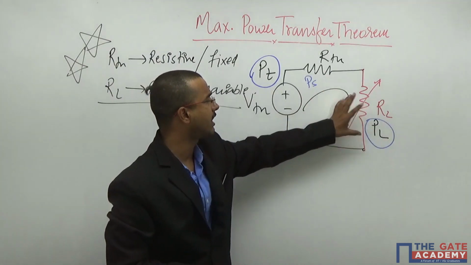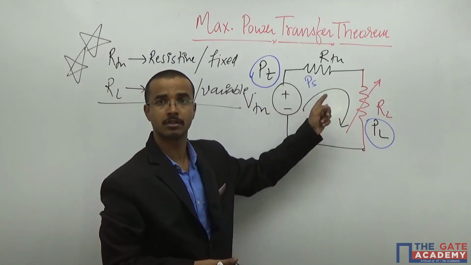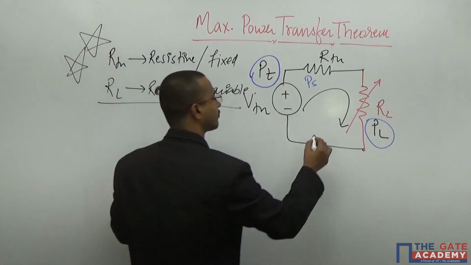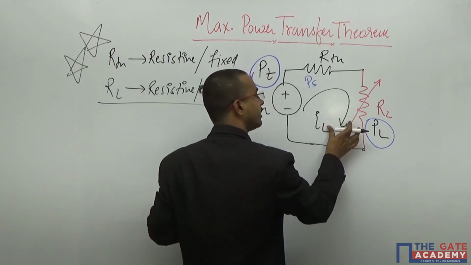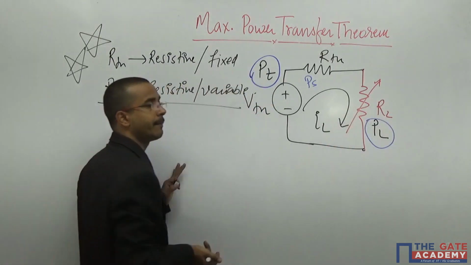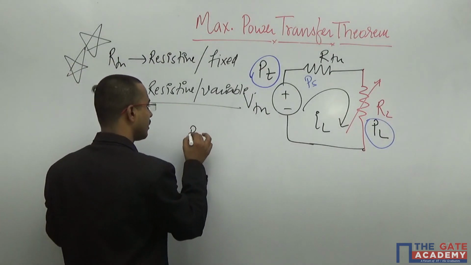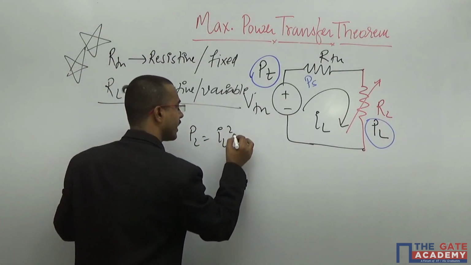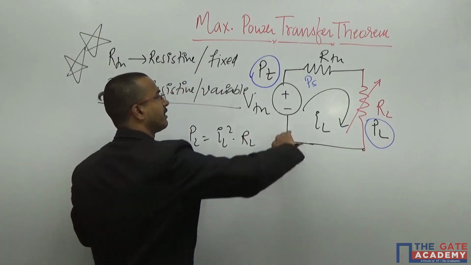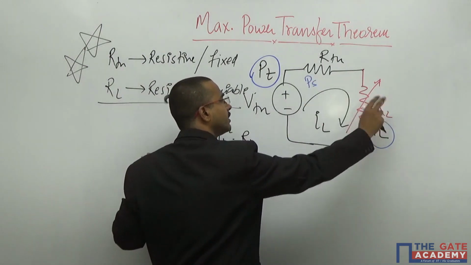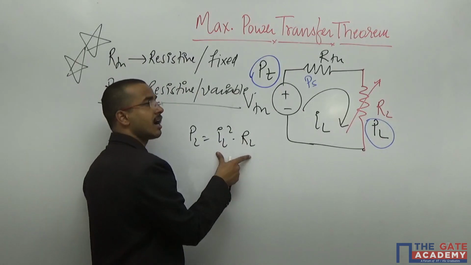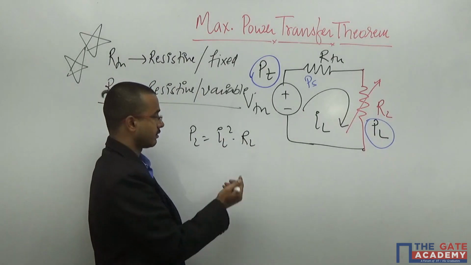How much power am I getting here with respect to this particular source? I will first calculate the current. Current squared into my load will be my total power at the load. That means PL will be IL squared into RL, because I squared R is the power across the load.